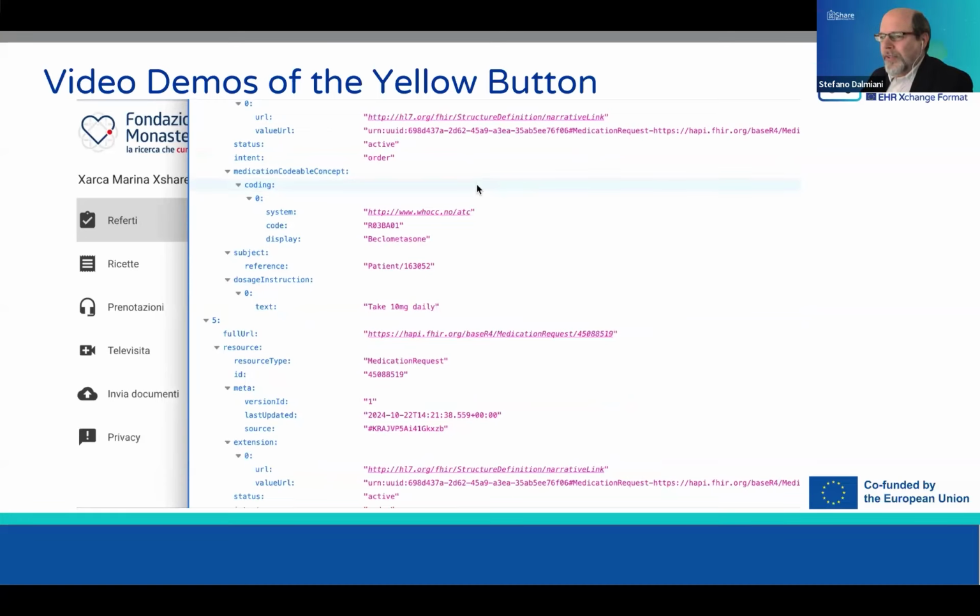So this is a first example of how the information can really be used in a hospital and exchanged for clinical care. I will give the floor back to Janne to continue with the Q&A session.